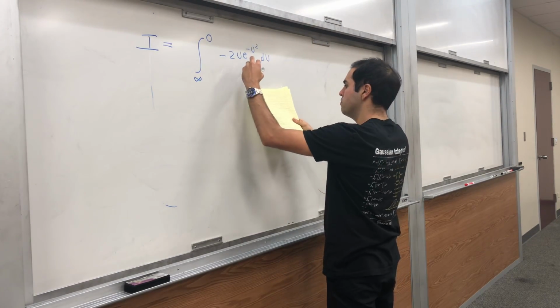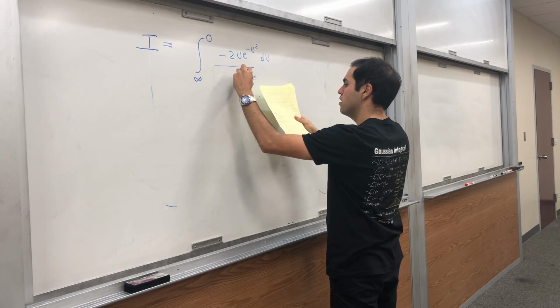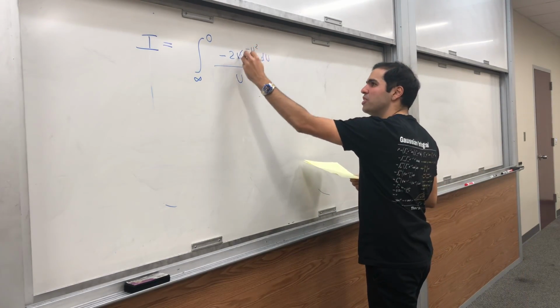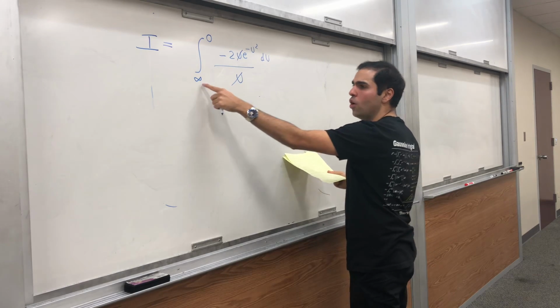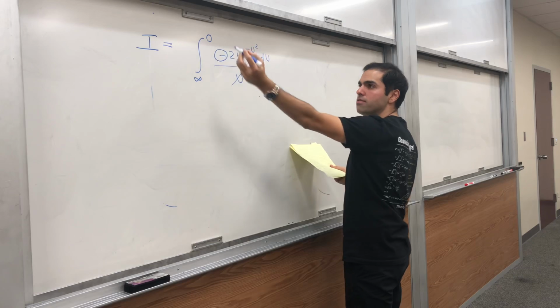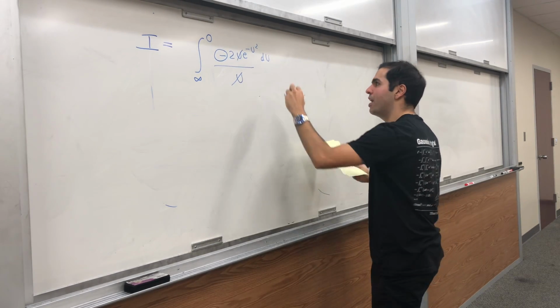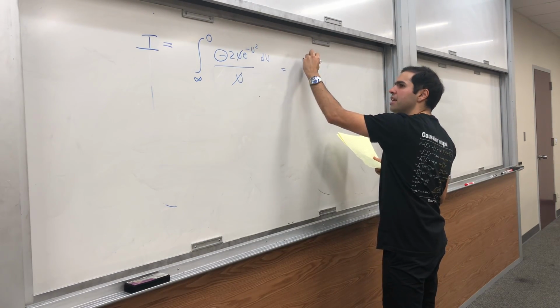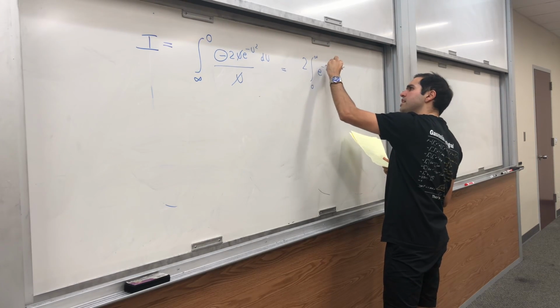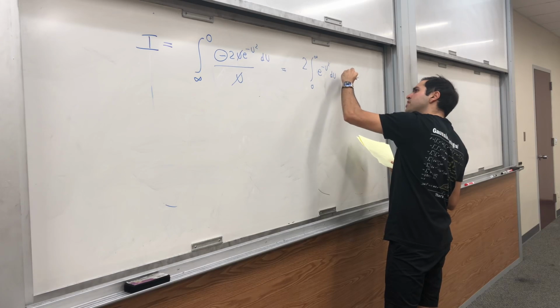So, over u. How nice is that? The u's cancel out. And notice, this is in the wrong order, but because of this minus, it becomes in the right order, and we get 2 times the integral from 0 to infinity of e to the negative u squared du.